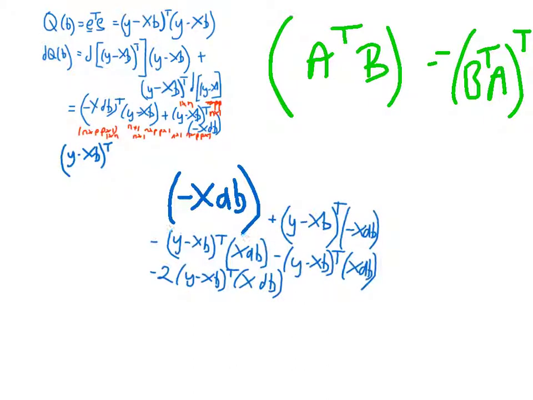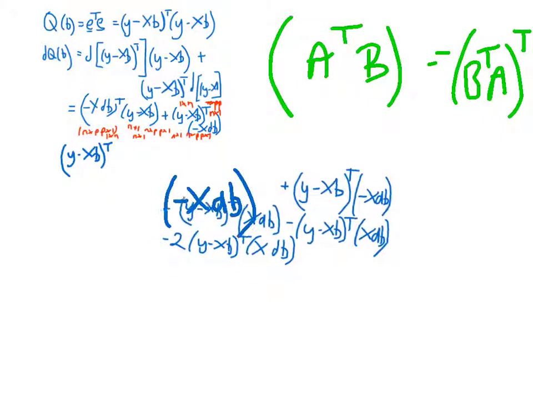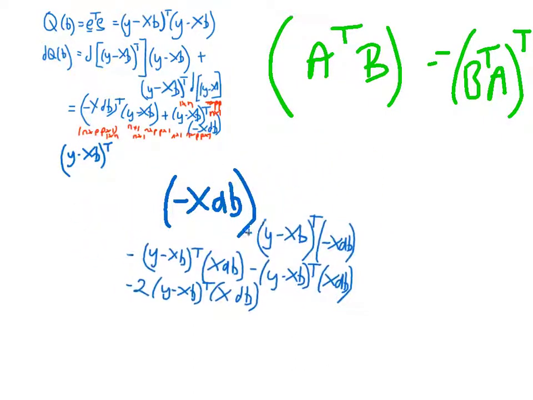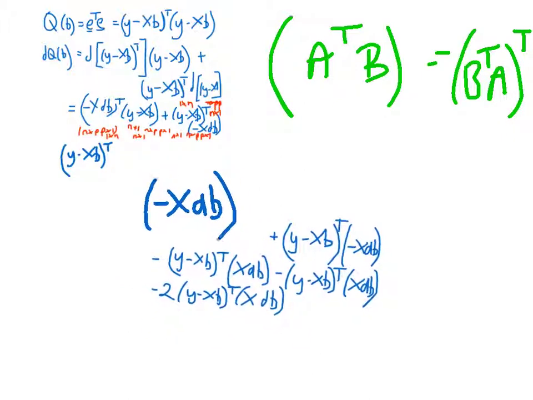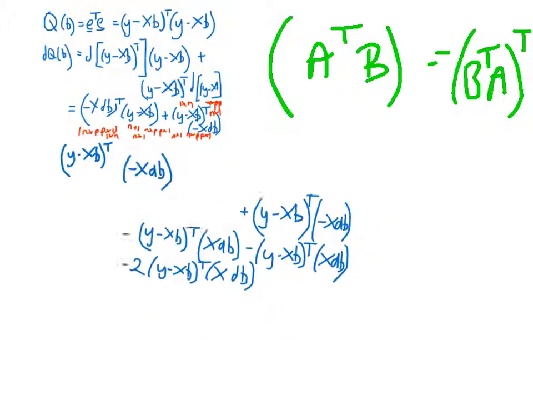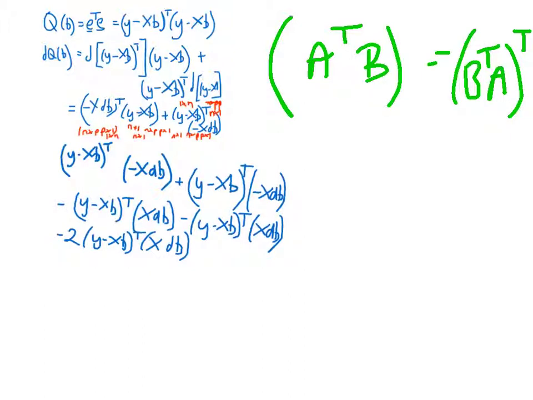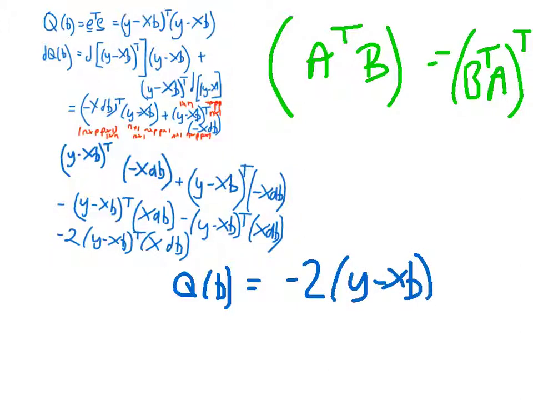Moving these out of our way slightly, what we're left with is at the moment a statement that dQ of B equals minus 2 y minus xb transpose x db.